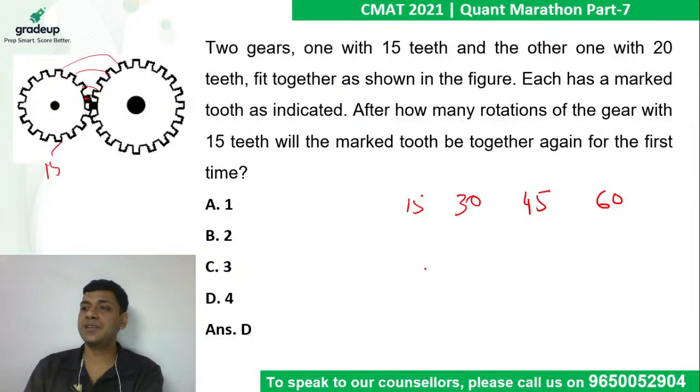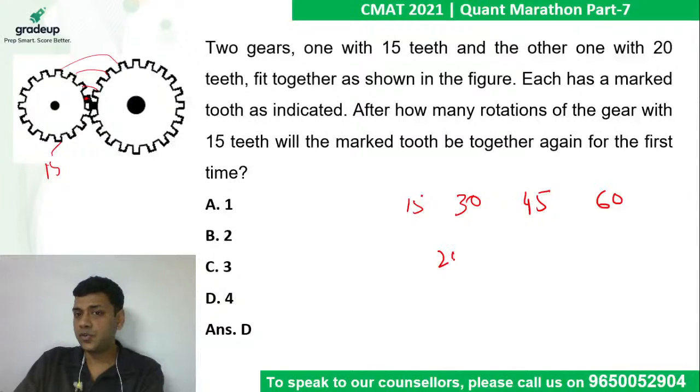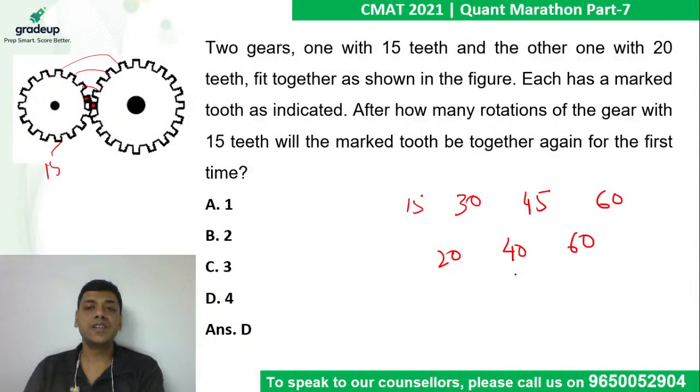What about the second one? In one rotation, it will move 20 teeth. So after movement of 20 teeth, this tooth will be back here, which will again happen after 40, and again after 60. Which means after 60 teeth move, both gears will come back to the same position.